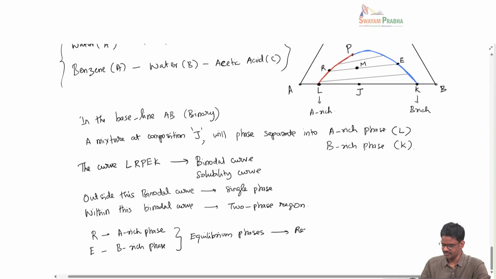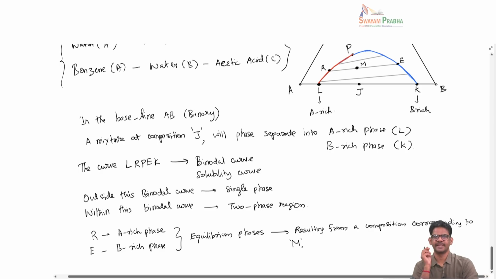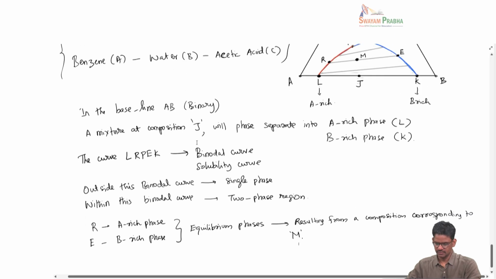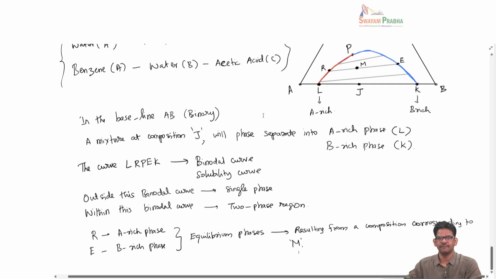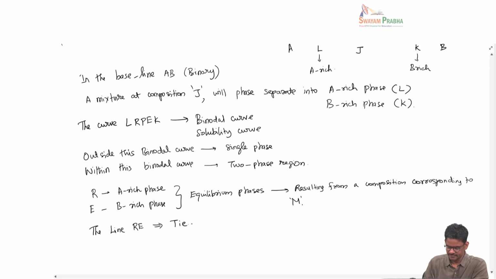This is resulting from the mixture composition at M. Now the line that connects R and E, we call that a tie line. The line RE, this is called the tie line.